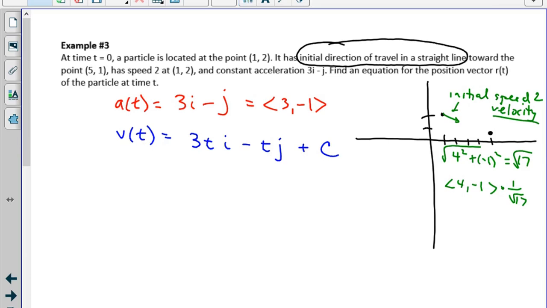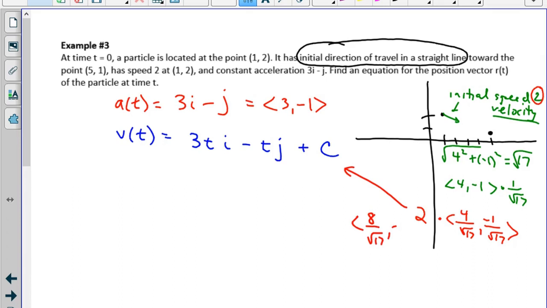Since it tells me that my initial speed is 2, that means that I'm going to want to multiply 4 over root 17, negative 1 over root 17 by 2. So that means that my constant in this case is 8 over root 17, negative 2 over root 17.